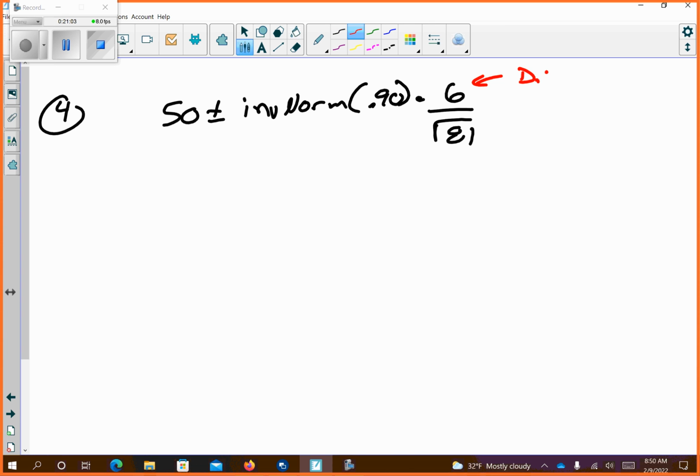This is the standard deviation, SD, standard deviation of a population. Okay, not of the sample. This is our sample. Okay. This was gotten because this was halfway to 100.